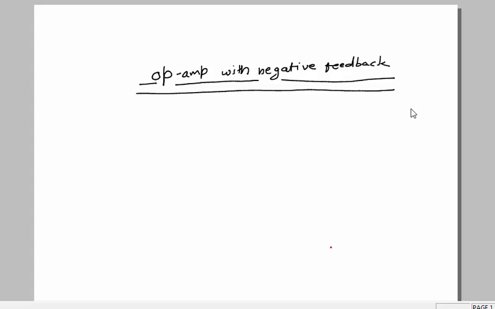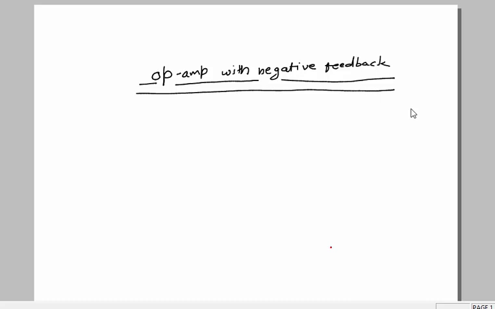Hello friends, so today we are going to start a new module, op-amp with negative feedback. To study this module you must have some basic ideas of op-amp operations, and also some basic ideas of feedback.